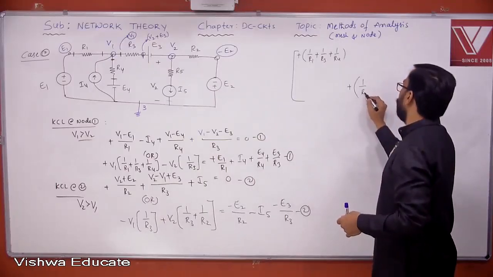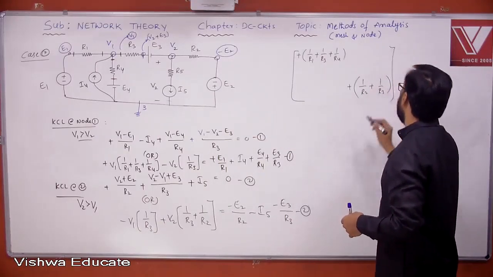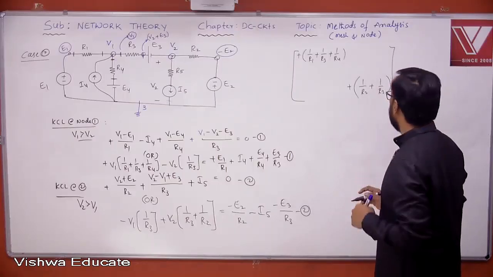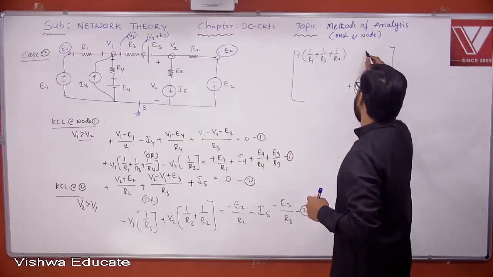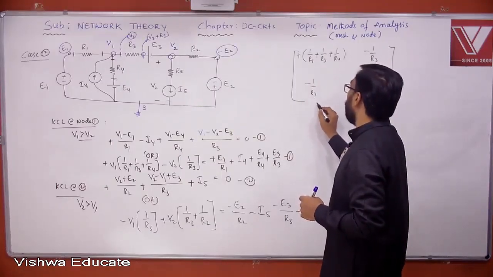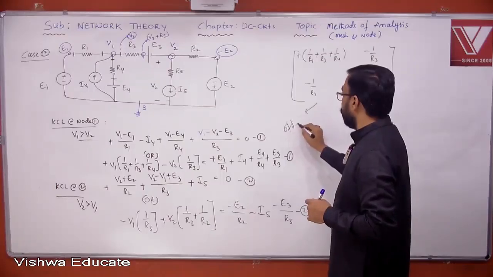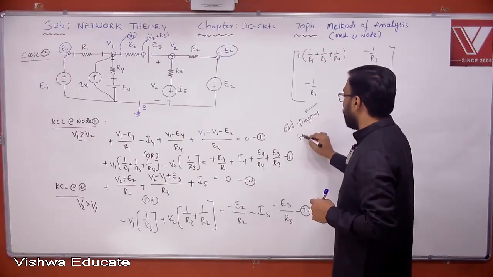Then 1 by R2, 1 by R3. But do you get 1 by R5? No, never. Okay? Now, what about the common element, minus 1 by R3? This is minus 1 by R3. Off diagonal symmetry, yes or no? Off diagonal symmetry is always satisfied.